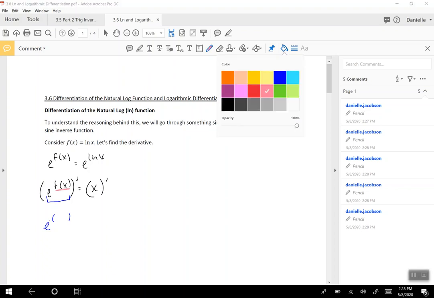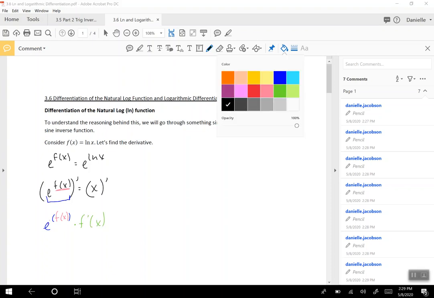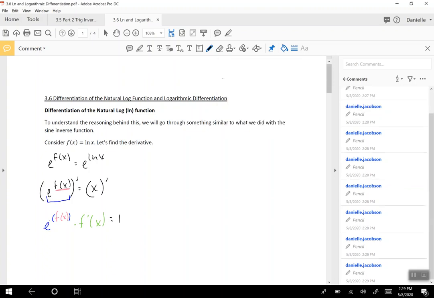Okay, so we have the f of x in there. I need to multiply by the derivative of the inside. So I have times f prime of x. And then moving over to the right, the derivative of x is just 1.